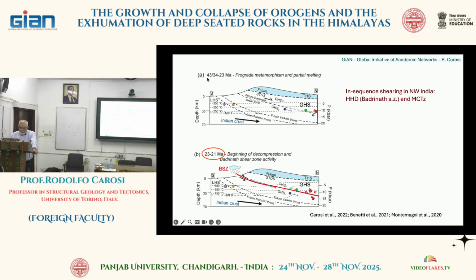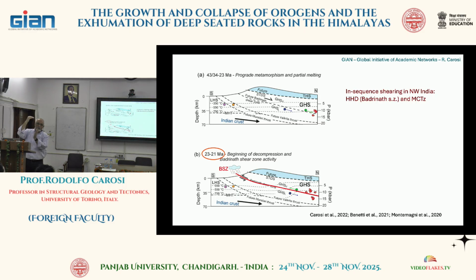So from collision up to 23 million years, all the rocks were put downward. Then the Badrinath shear zone, the HHD shear zone all over the Himalayas, started to move. Of course, to exhume this higher part of the rocks, you need erosion, so monsoon, or activity of the South Tibetan detachment, because you need to put away some rocks above, because only by thrust you cannot exhume.